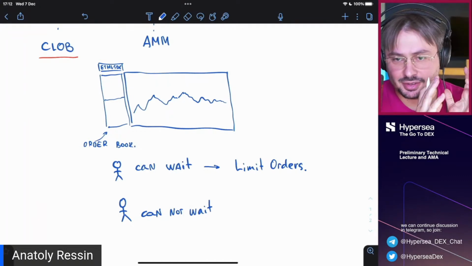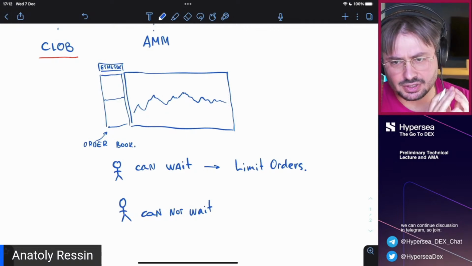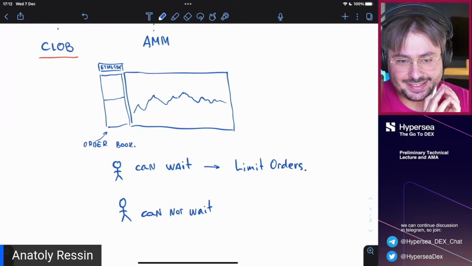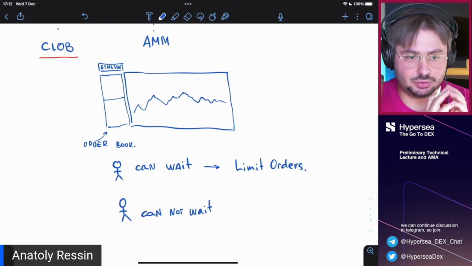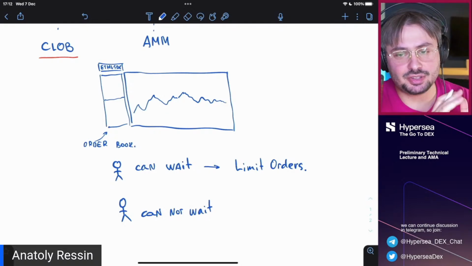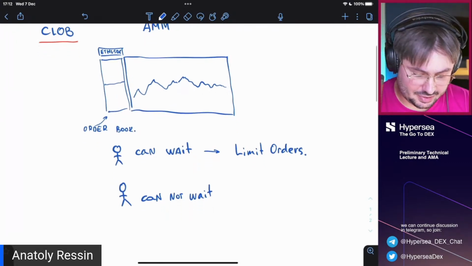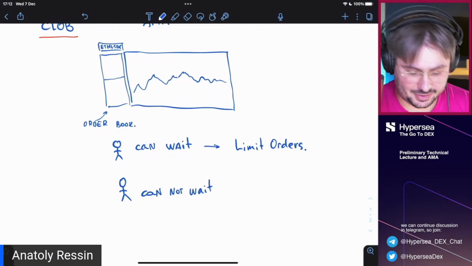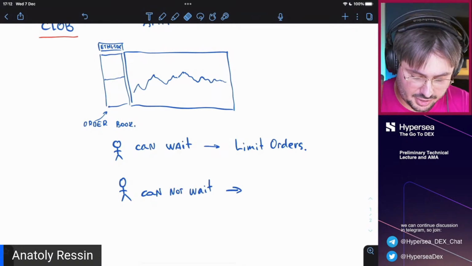This is the most simple type of order, and we call this a limit order. And all these orders are aggregated into the order book and create liquidity that can be used by those who cannot wait. Users who cannot wait are producing so-called market orders.